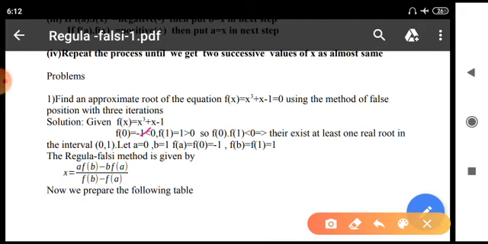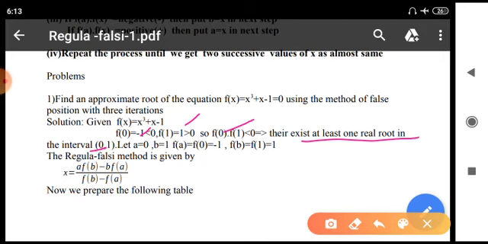So f of 1 will be 1 plus 1, 2, minus 1, 1, positive. So f of 0 is negative, f of 1 is positive. So the product of f of 0 into f of 1 is less than 0. If we get the product as less than 0, this implies there exists at least one real root in the interval 0 to 1.